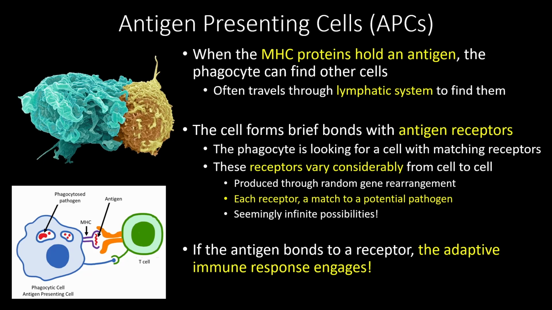So when you have an APC that finds a cell that has a receptor that does not match the antigen, the information is not communicated. If there is a match, a bond will form, and that will initiate a full response. That begins the actual initiation of our adaptive immune response.